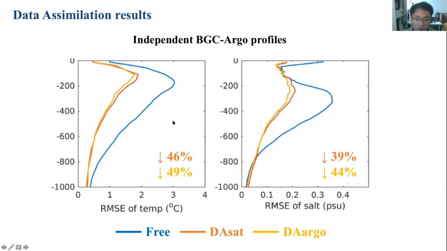The blue lines represent the free run, so we can see the natural reductions in the root mean square errors for temperature and salinity below the surface. This improvement can extend to more than 1,000 meters for the temperature and above 800 meters for the salinity. The numbers shown here also represent the overall relative improvement by the data assimilation in terms of the root mean square errors for temperature and salinity.